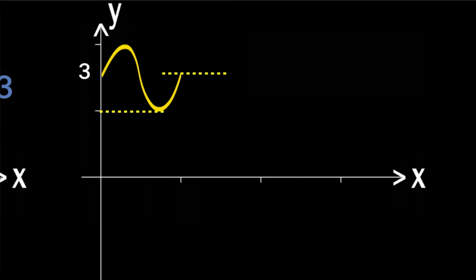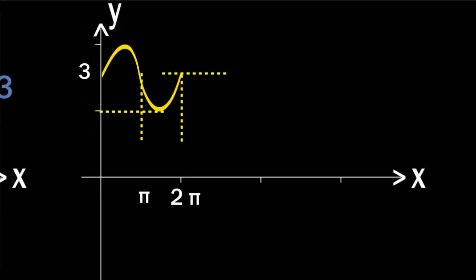So let's say this is value 3, you will get the graph looking like this, where this is pi, this is 2 pi, and all else is the same.